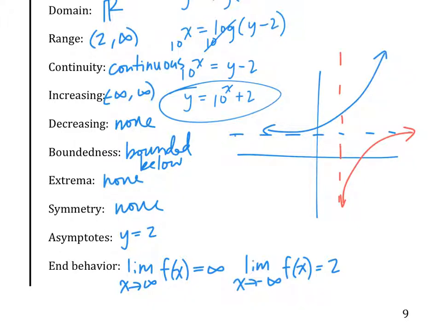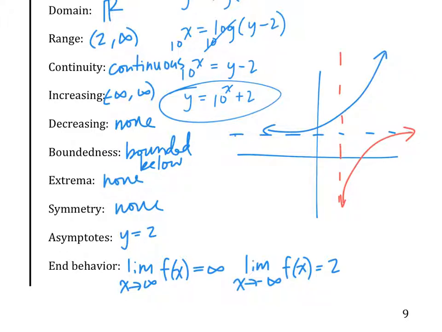You look at both actually, because you're asking yourself, when x is going in this direction, where is y going to? When x is going in this direction, where is y going to? That's what end behavior means. Okay, so how would you get 2? When x is going to negative infinity, y is going to go to 2. It's not going to go below 2. Okay. Yeah.